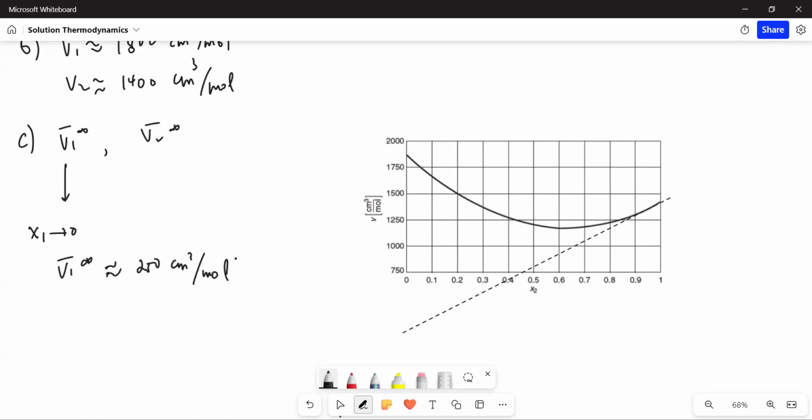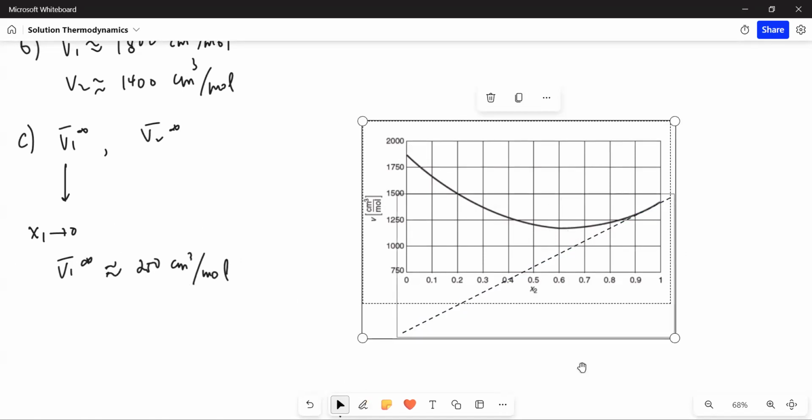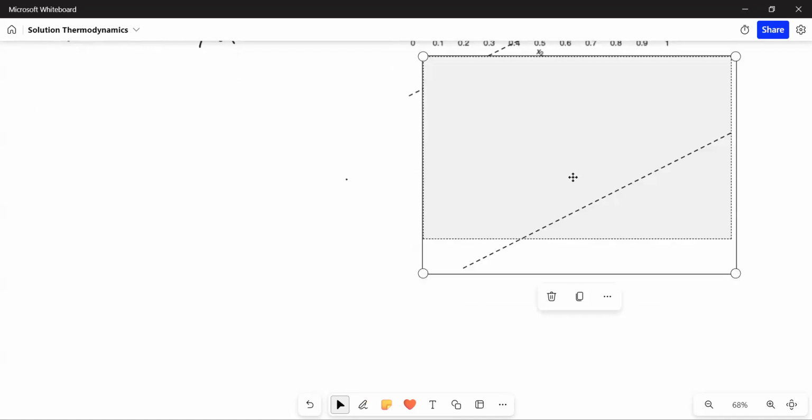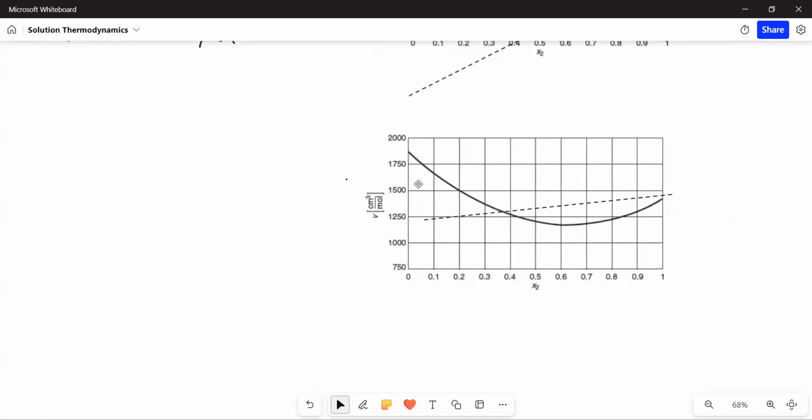How about the other, species 2? The same way, we're going to draw a tangent line. Let me copy paste that here.